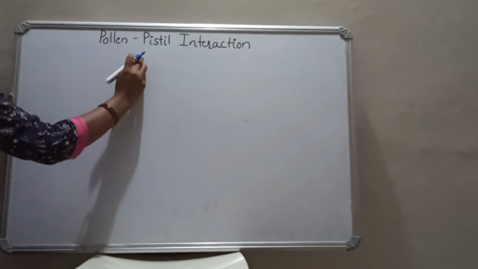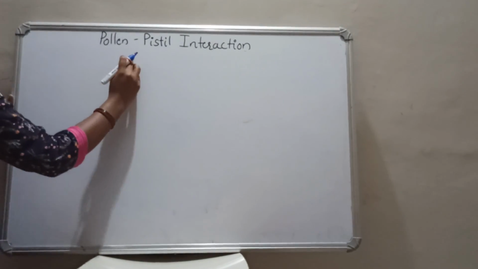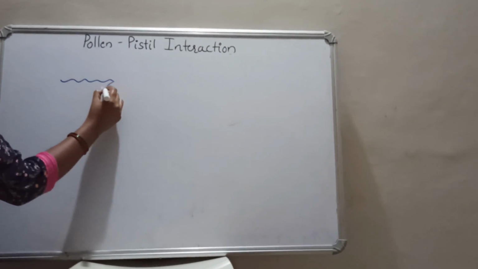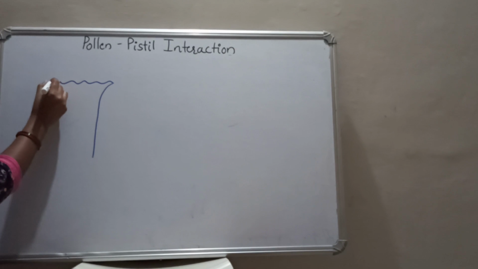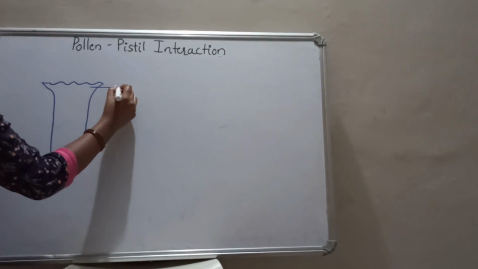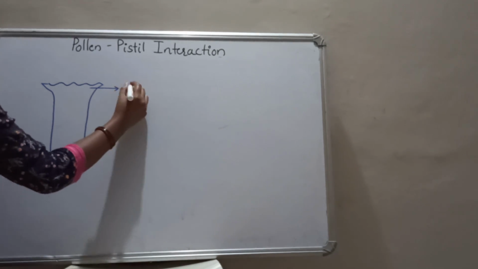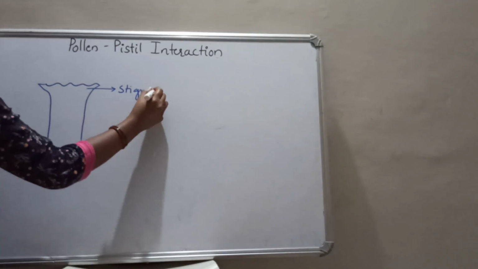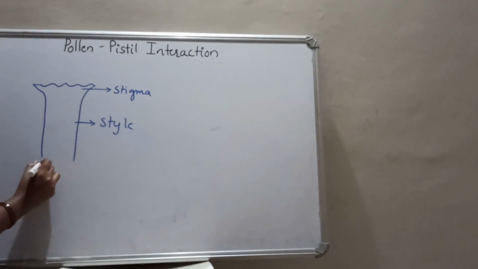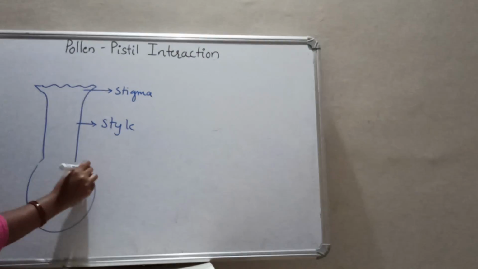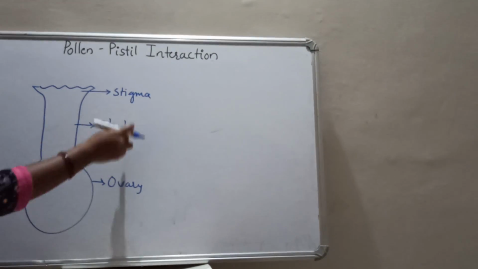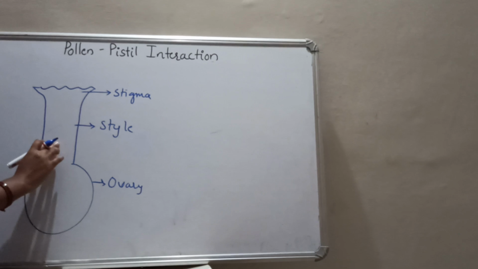The pollen grains are transferred towards the stigma of the pistil by different agents. This is the pistil part: it is the stigma, this is the style, and it is the ovary. The pistil is also considered the gynoecium.